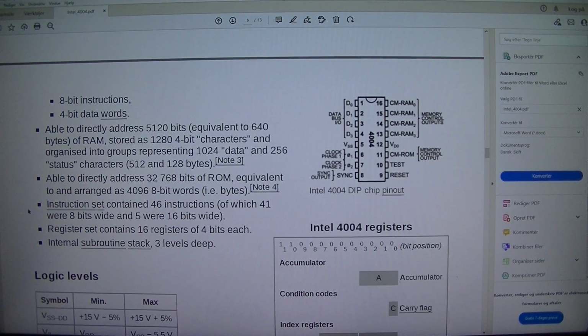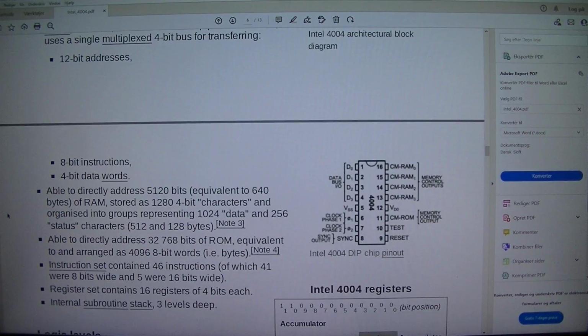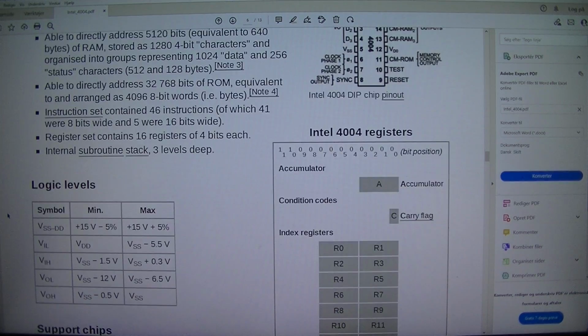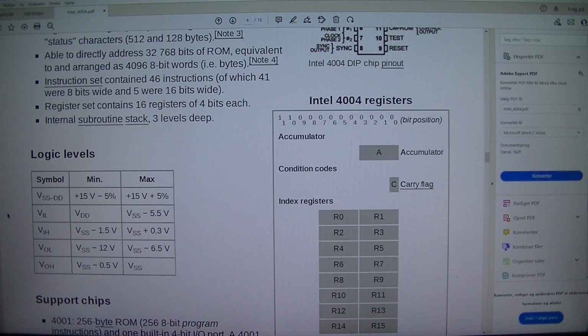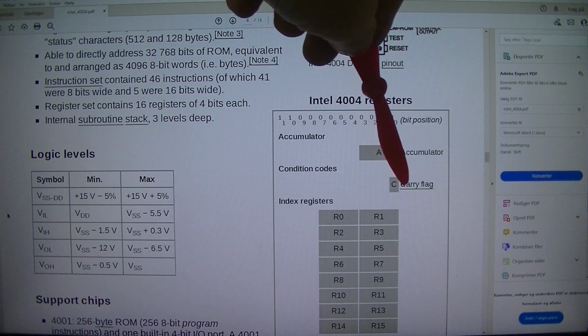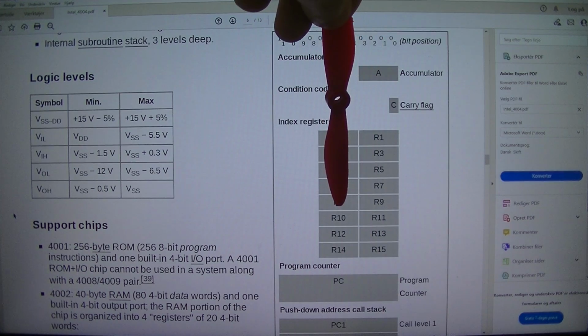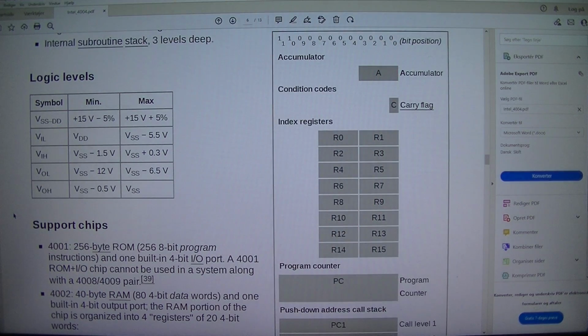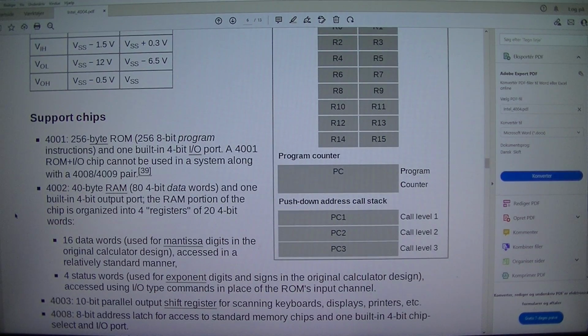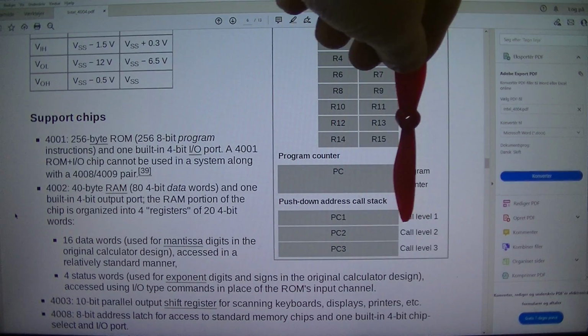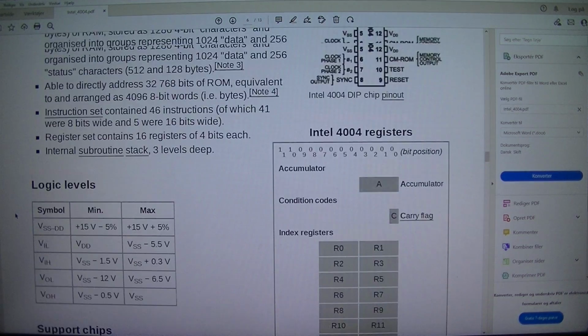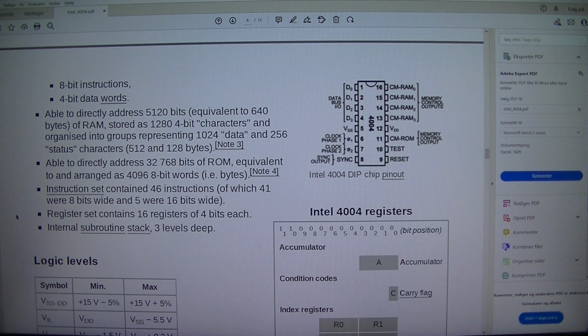Intel 4004 DIP chip pinout. Intel 4004 registers. Bit position 11 to 0. Accumulator, condition code, C carry flag, index registers R0 through R15, program counter, pushdown address call stack PC1 call level 1, PC2 call level 2, PC3 call level 3. 8-bit instructions, 4-bit data words.